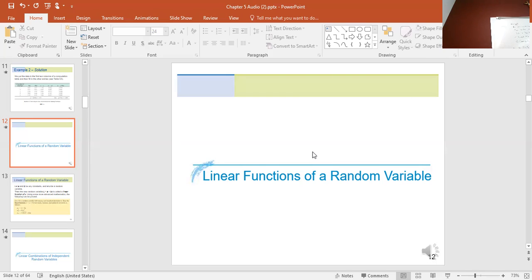So the mean of X will be 0 times 4 over 25, plus 1 times 12 over 25, plus 2 times 9 over 25, is equal to 30 over 25, which is 6 by 5.